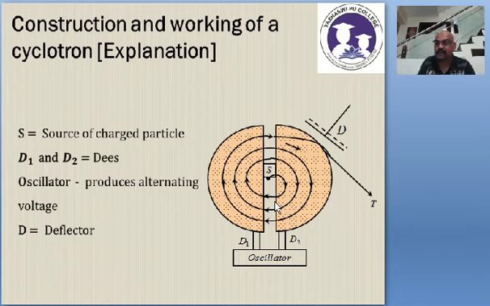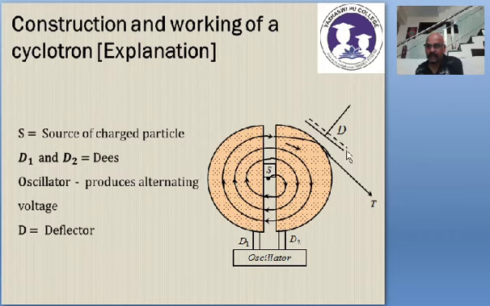Electrostatics of conductors, remember: the electric field inside a sphere is zero. Therefore, once it goes inside, it will not experience any electrical force. D2 is at negative potential and D1 is at positive potential.